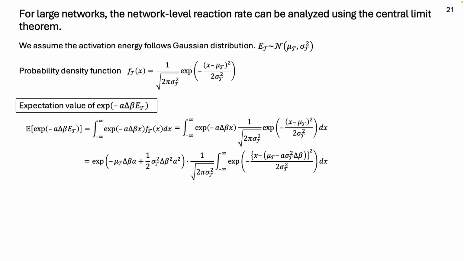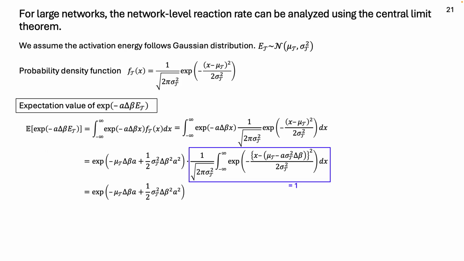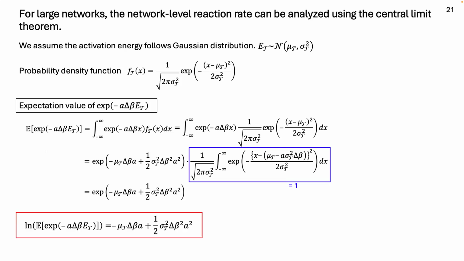And this term is also Gaussian, so this integration is 1. The expectation value is simply exponential of minus delta beta A plus 1/2 times this term. Then the log of the expectation value is simply a quadratic function.